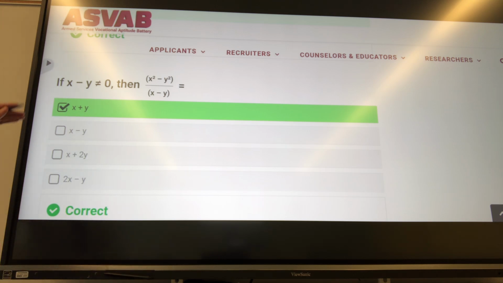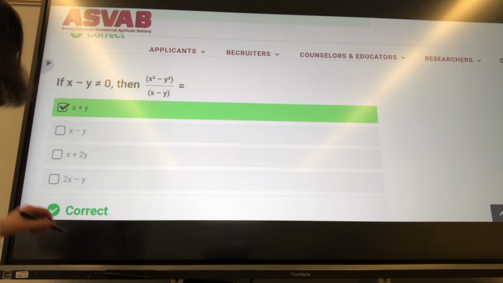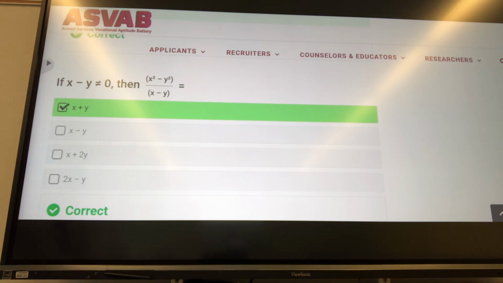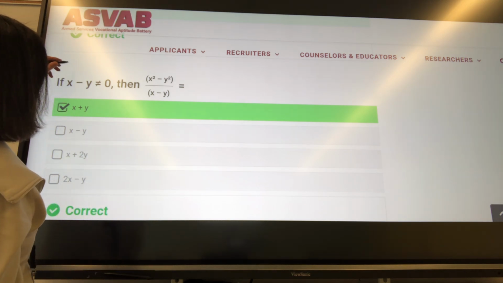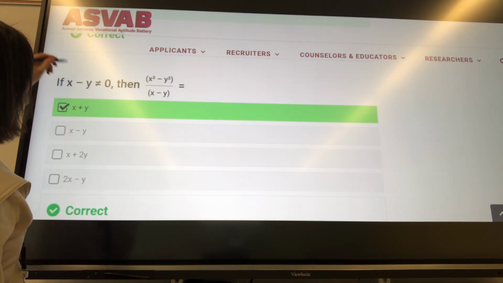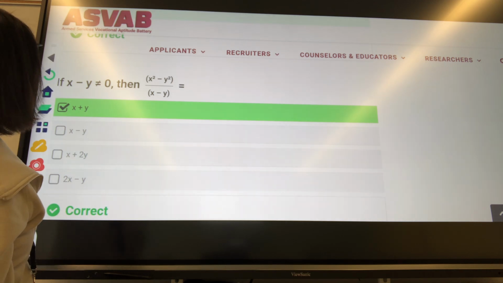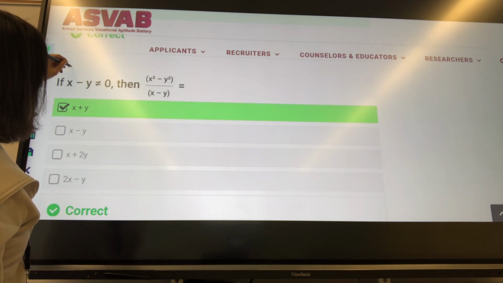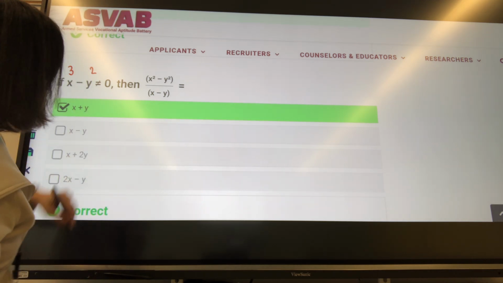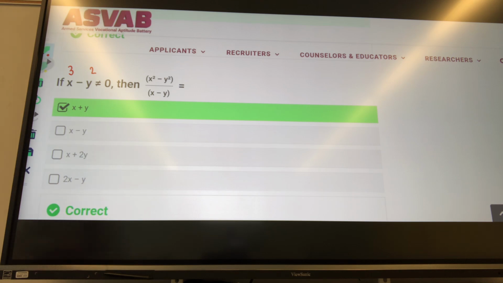So let's say, for instance, I usually avoid using a 1, because I know that if I square a 1, I still get a 1. So I'm going to pick, for instance, 3 and 2. So let x be 3, y be 2.